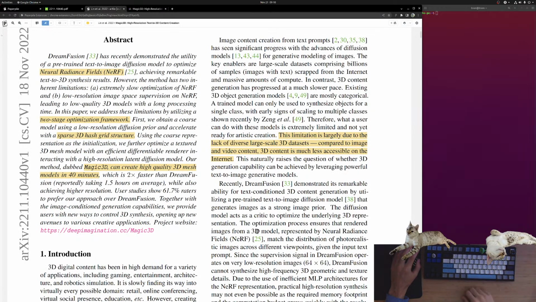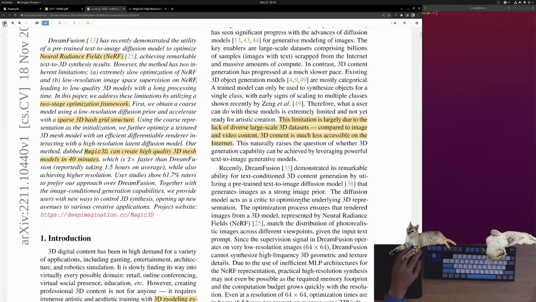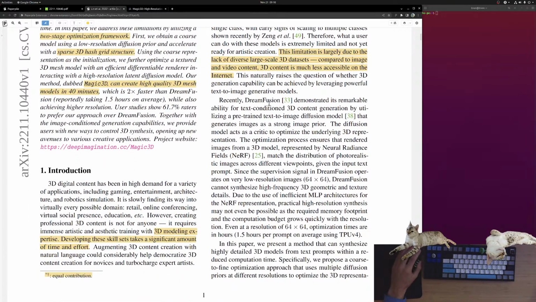And I think unlike image data sets, which you can probably collect and use without infringing on any copyright, the problem is that these 3D data sets are all owned, and each individual model is owned by someone, and they have different licenses, so it's very difficult to maybe create a data set without stepping on someone's toes.